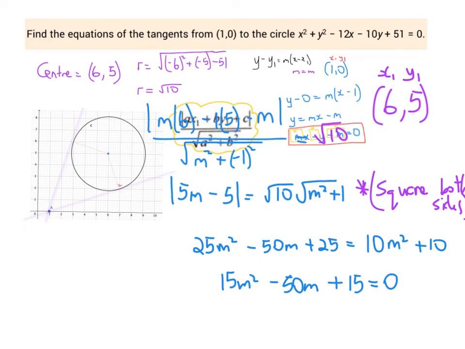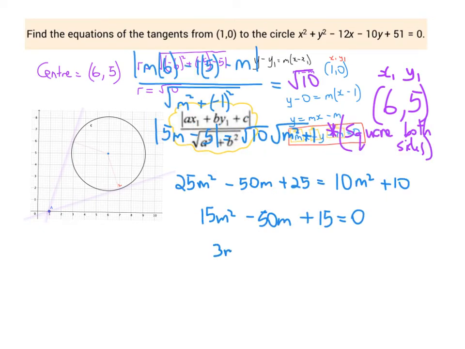And so I'll divide across by 5 to reduce that down, which gives us 3m squared minus 10m plus 3 equal to 0. And so in brackets then we're going to have 3m and m, and 3m times 3 and m times 1. That gives us 1m and 9m, which gives us 10m, so they're both going to be minus there. So that means putting both of those equal to 0.